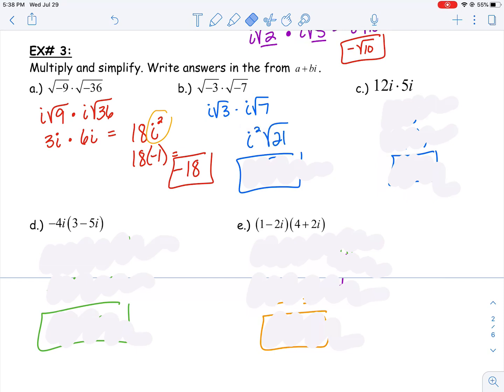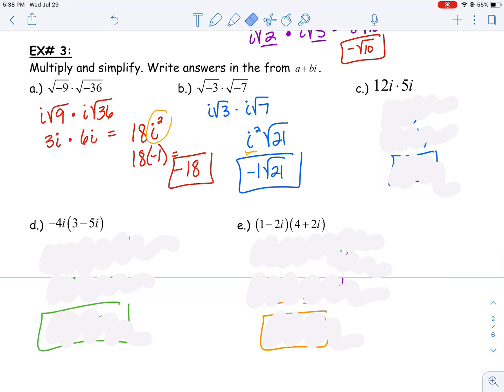So i times i is i squared, and rad 3 times rad 7 is the square root of 21. i squared, though, remember, is equivalent to negative 1. Now looking at the square root of 21, I don't think there's an even square root, and if I tried to break those down, I wouldn't have enough partners to come out. So it looks like my final answer would just be negative 1 rad 21, or negative rad 21.